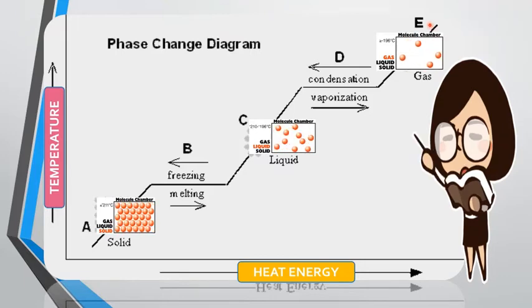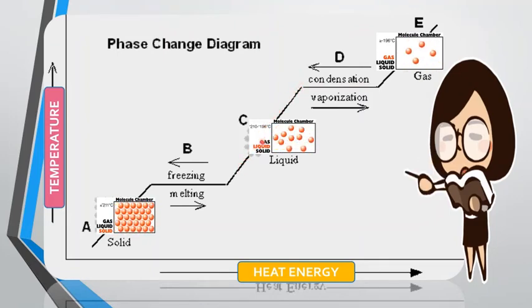And then if the heat energy is lost and the temperature goes down, the gas will undergo condensation, and then it will return to its liquid form.